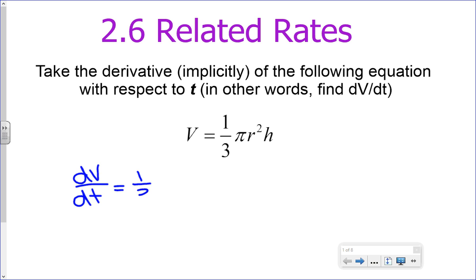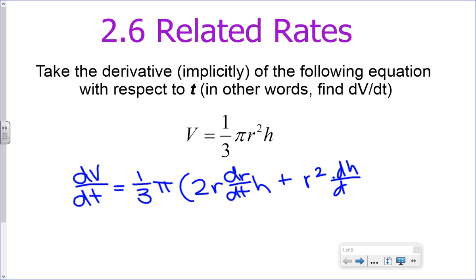And then we have 1/3 pi times r squared times h, which is a product. Do you agree? So the derivative of r squared would be 2r dr/dt times h plus r squared times the derivative of h, dh/dt.